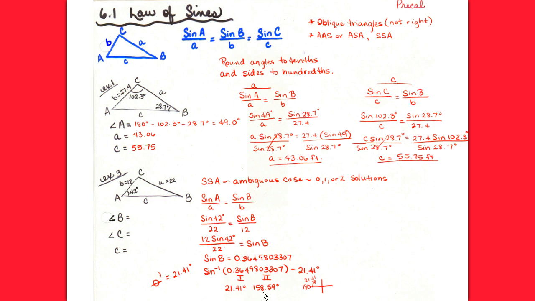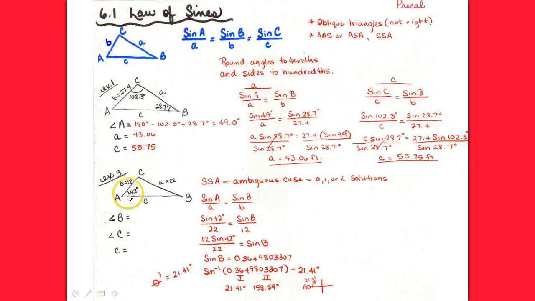Both of those are potential answers for angle B. They could both be solutions for angle B. All right, so how am I supposed to know if one of them is the answer or both of them are? Well, I have to go back to the triangle that they gave me. When I go back and I look at this triangle, I already have a 42-degree angle in this triangle.